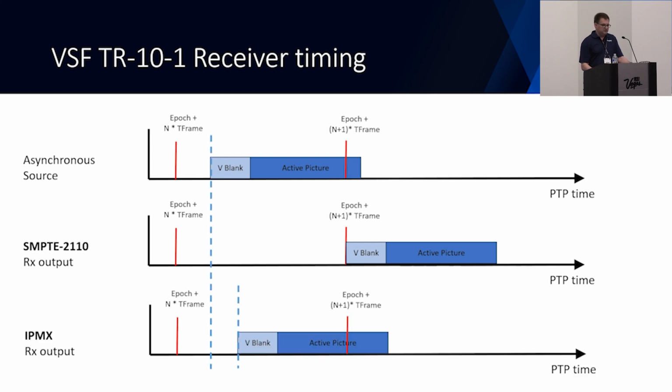In IPMX, the receiver will just keep the video stream as close as possible to the source timing and will replay it at the output, let's say a few lines after you receive the video stream. This is allowed and possible in IPMX. It can reduce the cost because you don't need to buffer, do a frame rate conversion, or realign your output. You can just replay it as soon as you get the information.